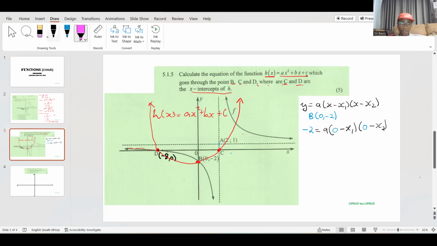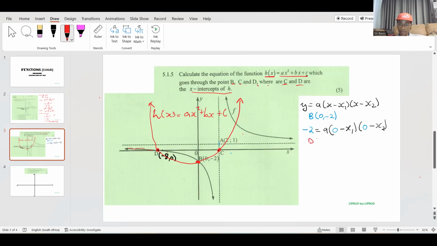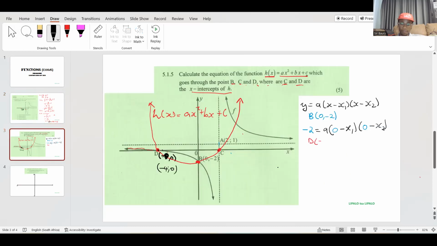Now I get to the intercept, which is D. It's negative 4, not negative 8, because the answer is calculated here. So I have negative 4 is to 0. Then I have C, which is 2 is to 0.